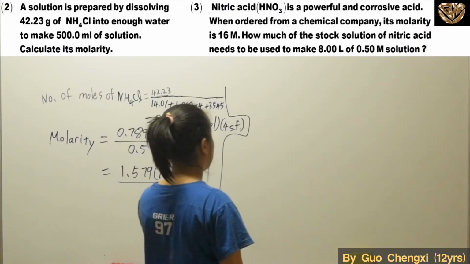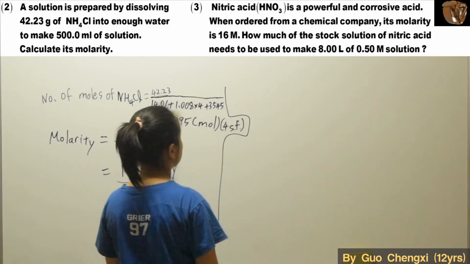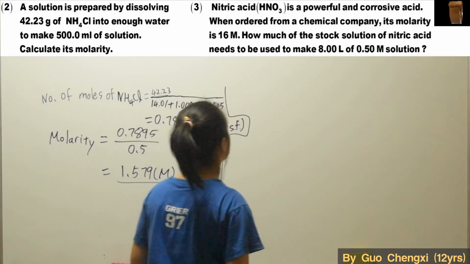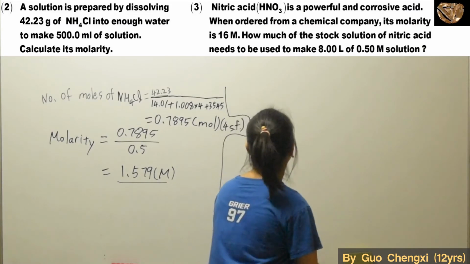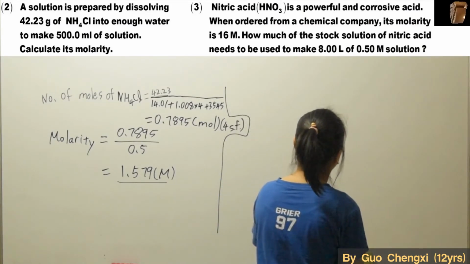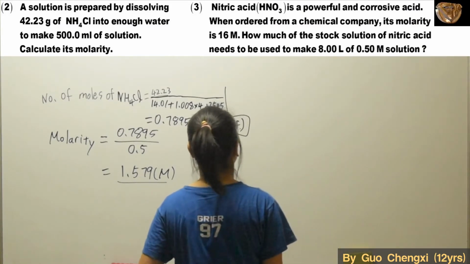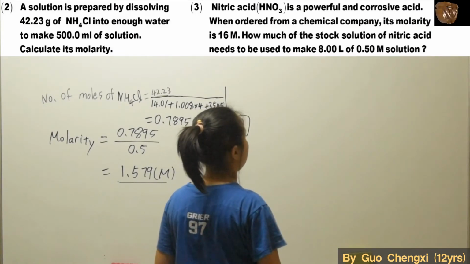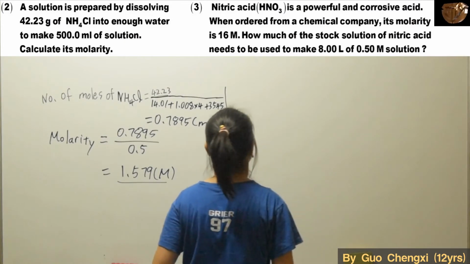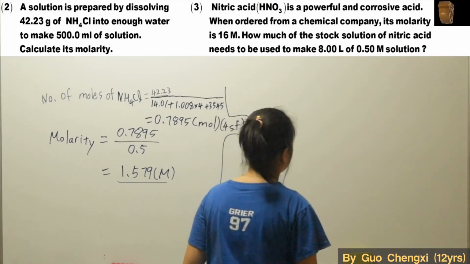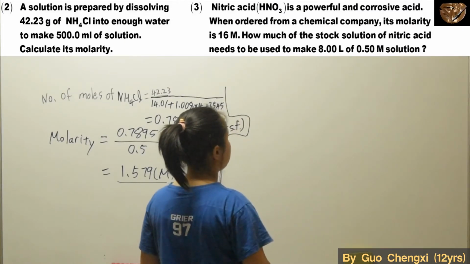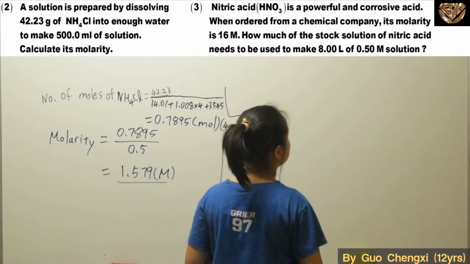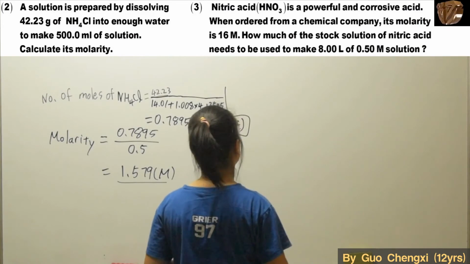Nitric acid is considered one of the very strong ones, and it's very powerful and corrosive. So now we have the question. When ordered from a chemical company, its molarity is 16 M. How much of the stock solution of nitric acid needs to be used to make 8 liters of 0.5 M solution?